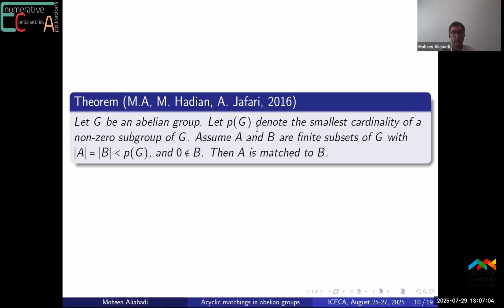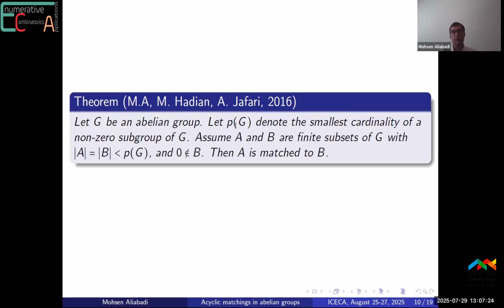And also back to 2016, together with 2 of my collaborators, we provided this theorem about matchable sets in abelian groups, assuming that we are just restricting discussion to small enough subsets of the group.